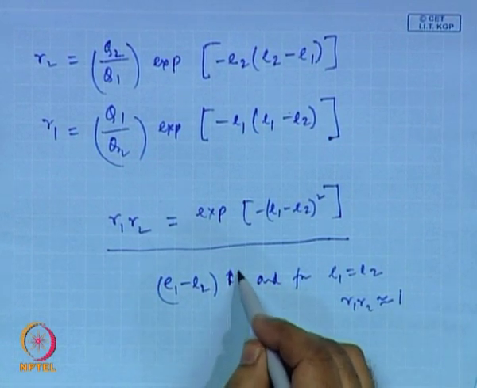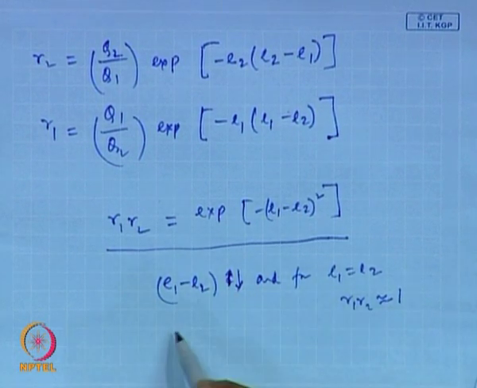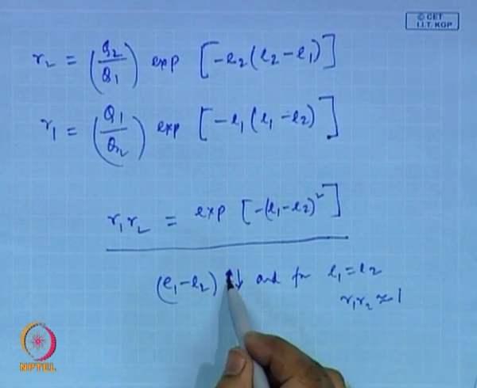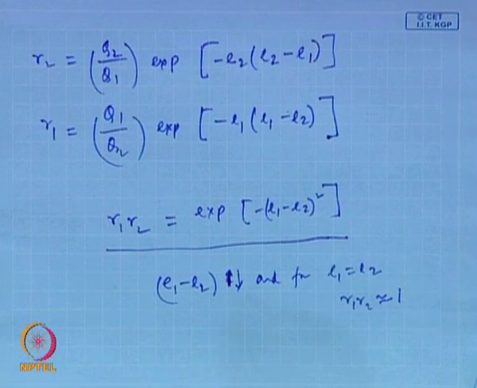If they are different, then R1R2 will be closer to 0, producing an alternating copolymer, which is in sync with our understanding of whatever we have discussed till now.